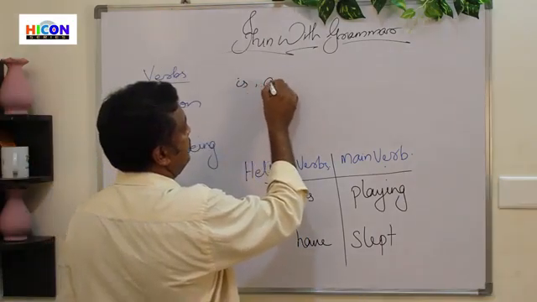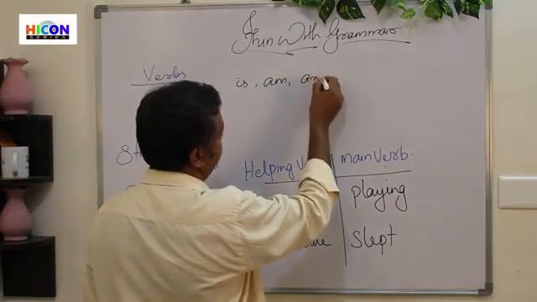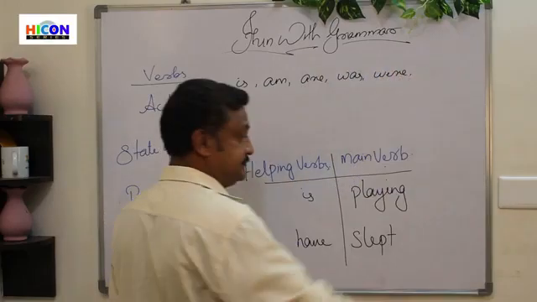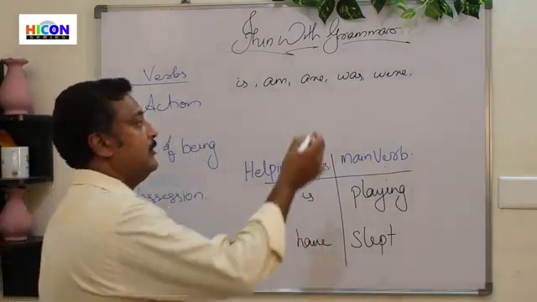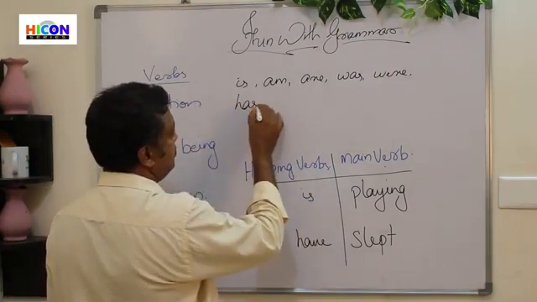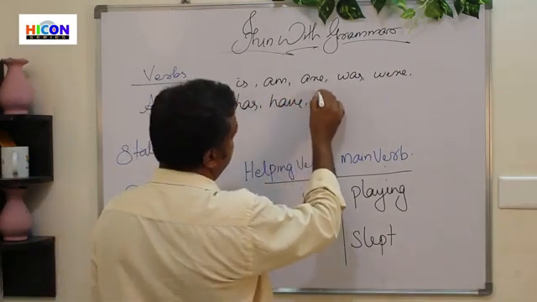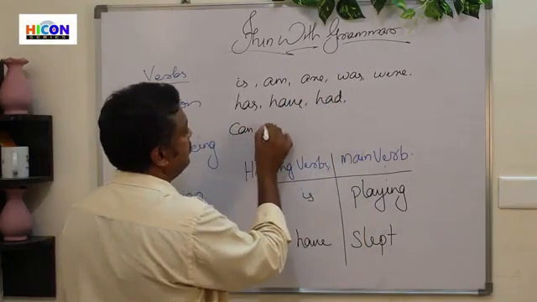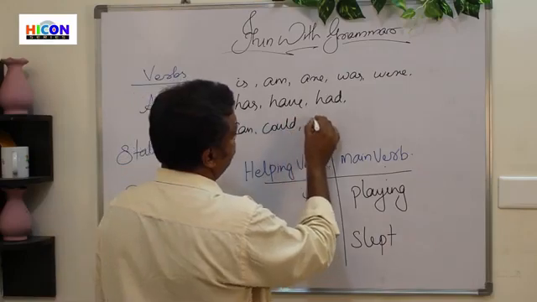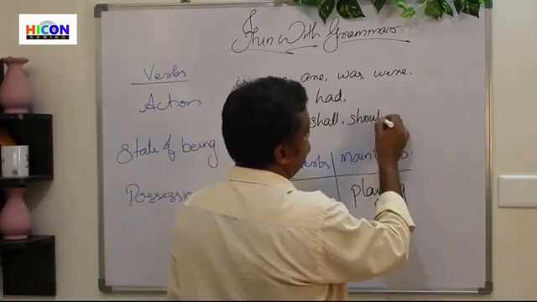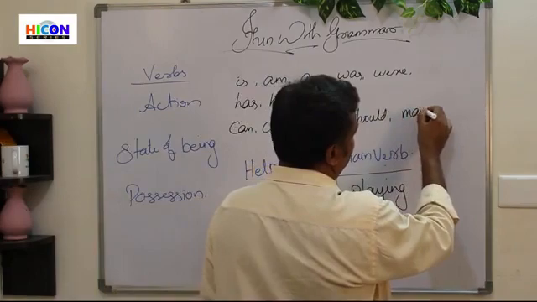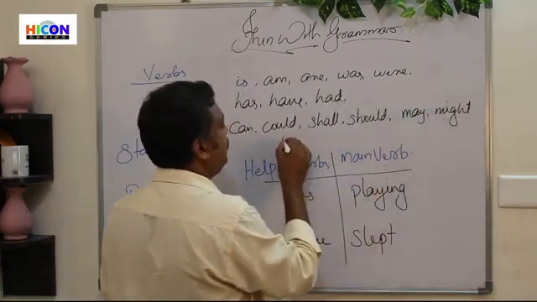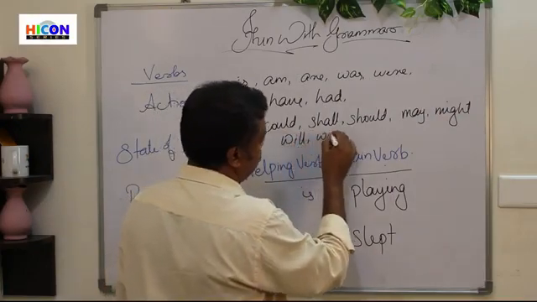And which are the helping verbs that we have in English? Is, am, are, was, were, has, have, had, can, could, shall, should, may, might, will, would.